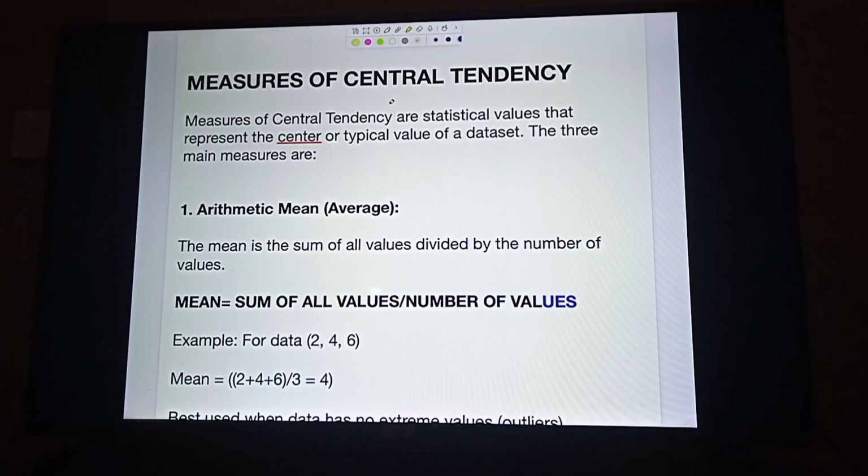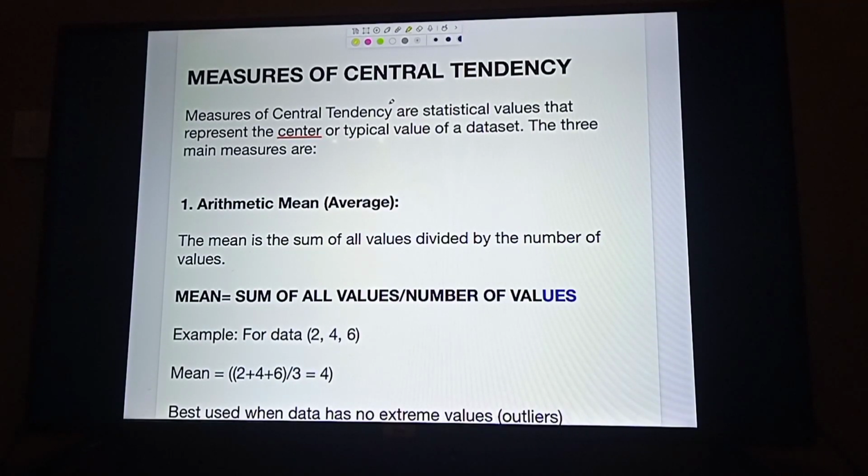Today we are discussing one of the most important topics in statistics, that is measures of central tendency. Whenever we collect data like marks of students, heights, incomes, test scores, the very first question is: what is the central or typical value?